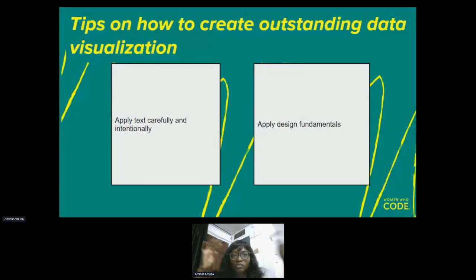This visualization is about Ethereum. This visualization is about food. Stuff like that.